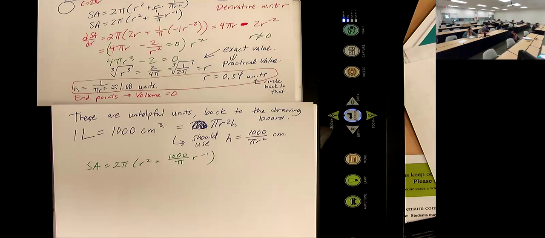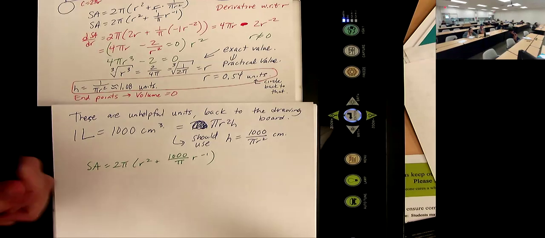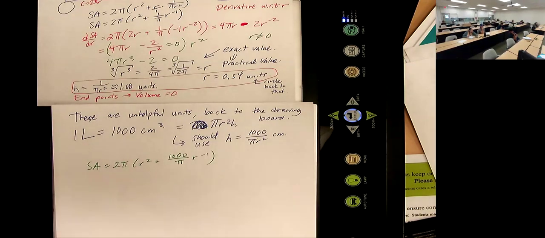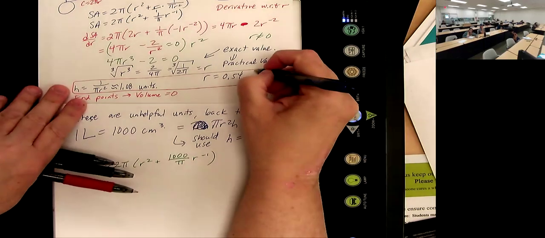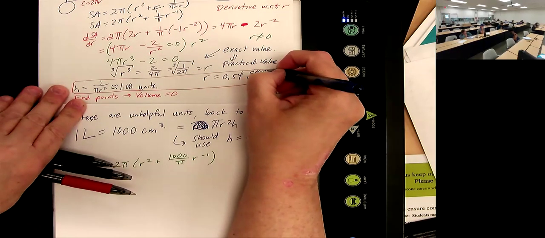I'm getting R equals 5.42 centimeters. But a centimeter to a decimeter would shift the decimal over 1. These should be in decimeters, although how useful that is. It's going to be decimeters.